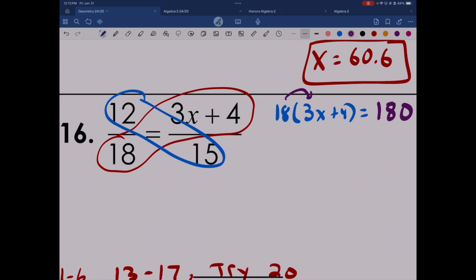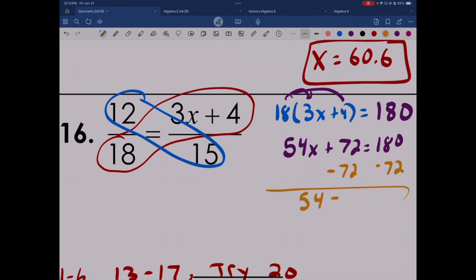18 times 3x. Is that 54x? 18 times 3 is 54. So 54x plus 18 times 4, 72, equals 180. Subtract 72.